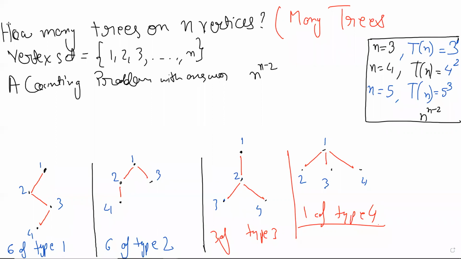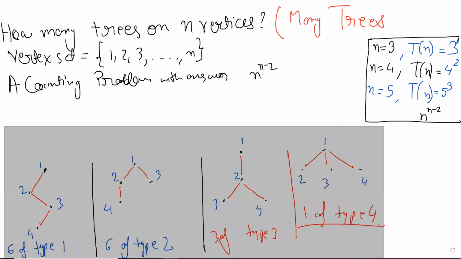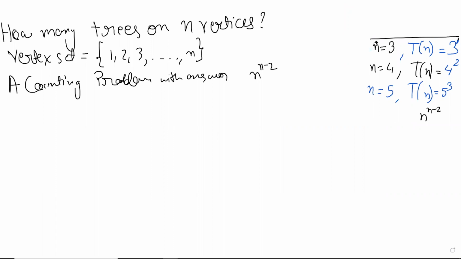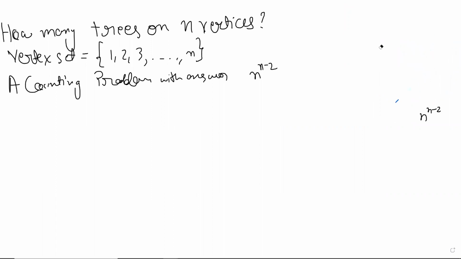So what would be the easiest one? If you have n to the power n minus 2 as an answer, what does it mean? It means two things, obviously, right?